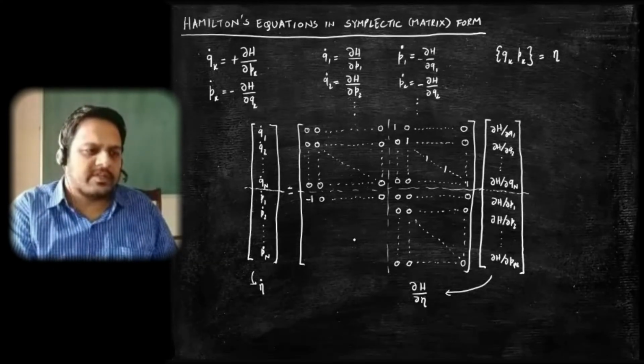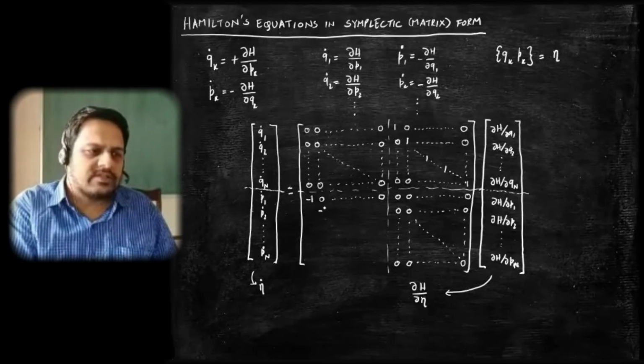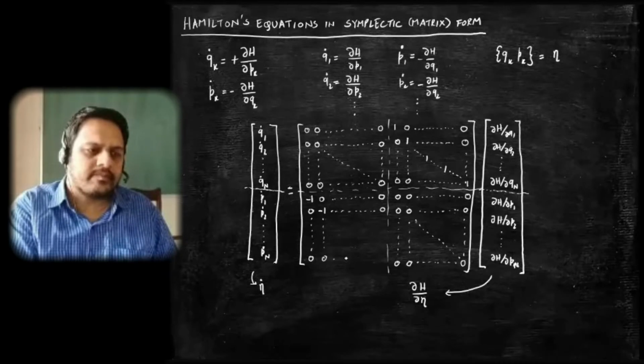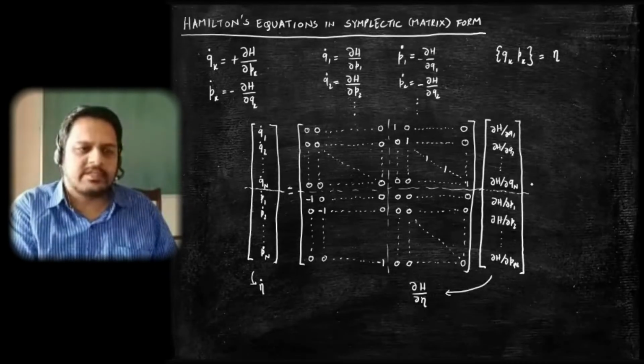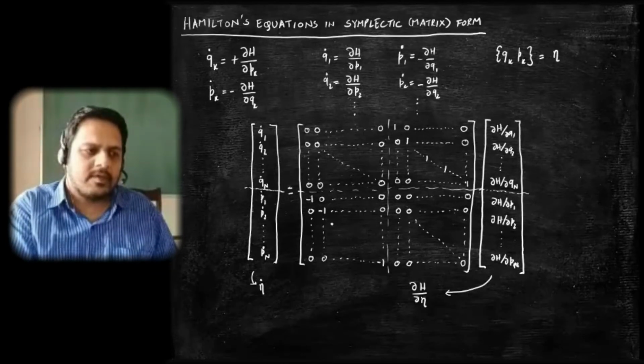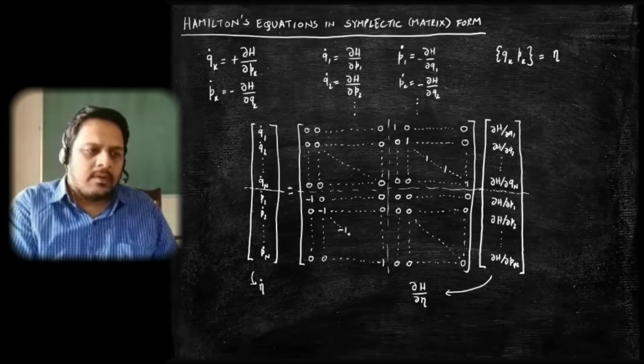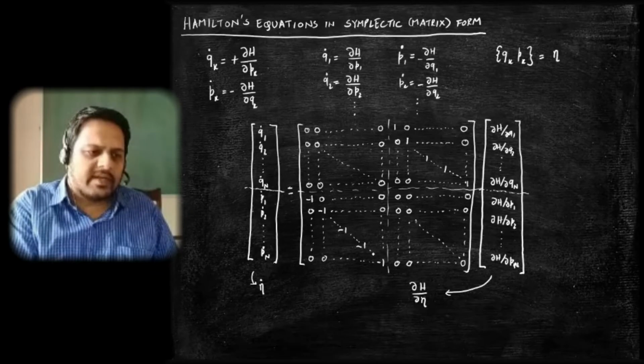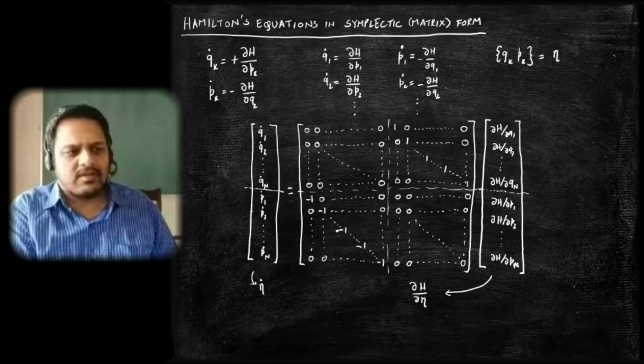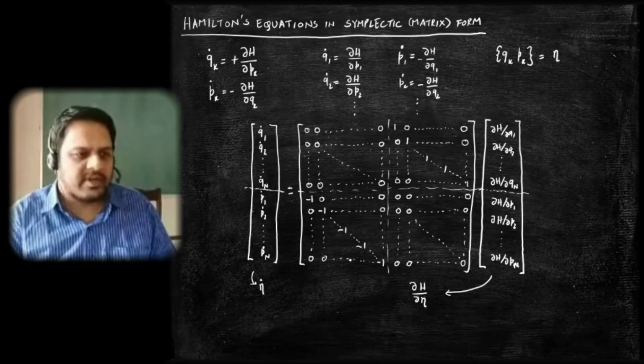And this part, which we have not yet filled, as you can guess, will have non-zero elements only along the diagonal, and everywhere along the diagonal the entry will be -1. For example, pn dot is -1 times ∂H/∂qn. And there will be -1s all along the diagonal, I just indicated a few of them so that it is clear.